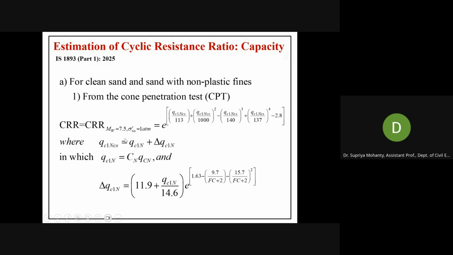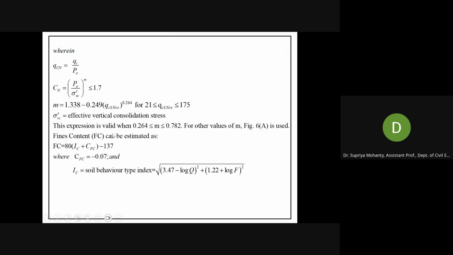This QC1N is only normalized to your overburden pressure correction factor, and this del QC1N is related to your fine content correction factor. Here the overburden pressure corrected QC1N is considered. In addition to that, FC, your fine content, needs to be considered for calculating this one. Once you have this QC1NCS, you can get the CRR 7.5.